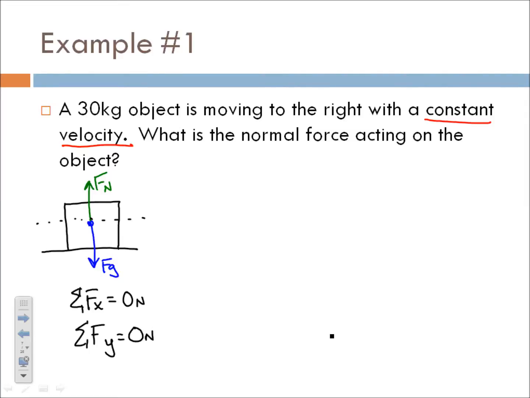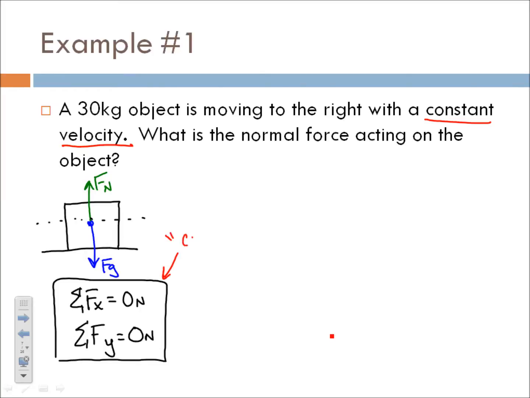In the vertical direction, though, gravitational force is pulling down, the normal force is pushing back up, but this object is moving with a constant velocity, and we know that objects move at a constant velocity when they are in equilibrium. And since it's in equilibrium, we can say these things have to be 0.